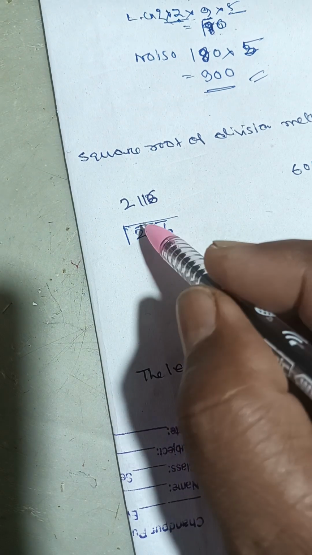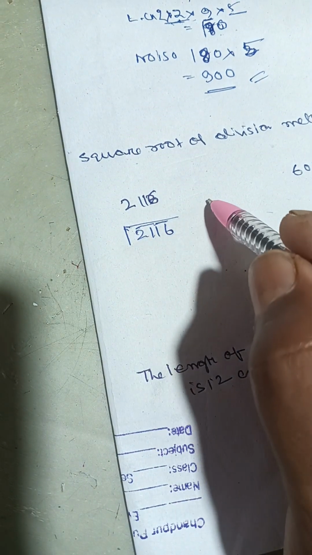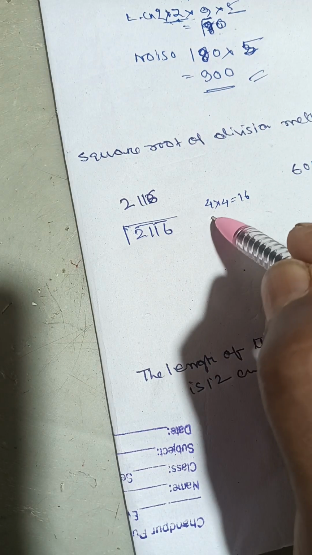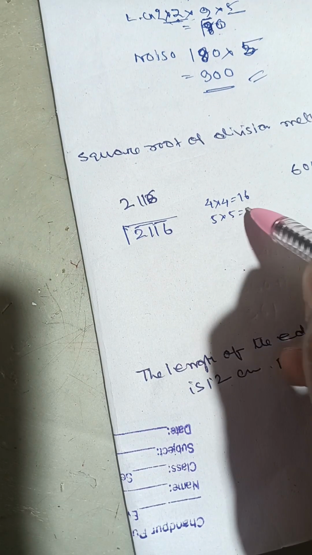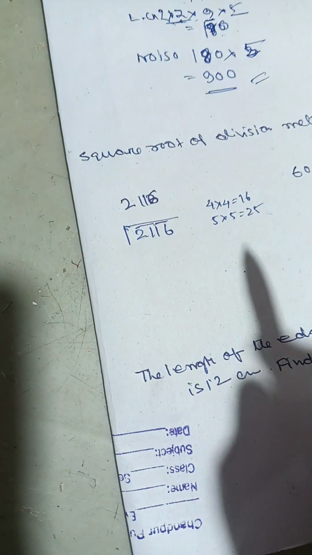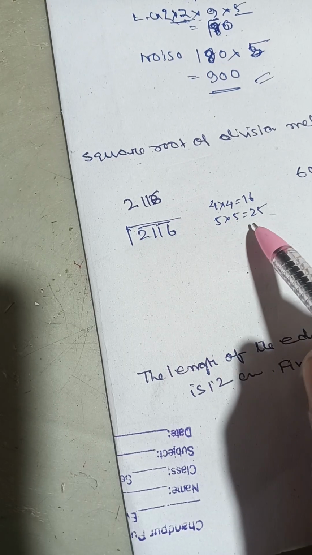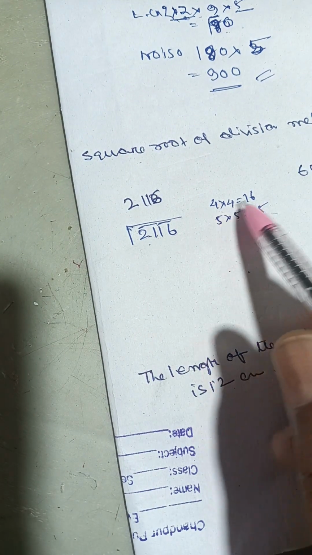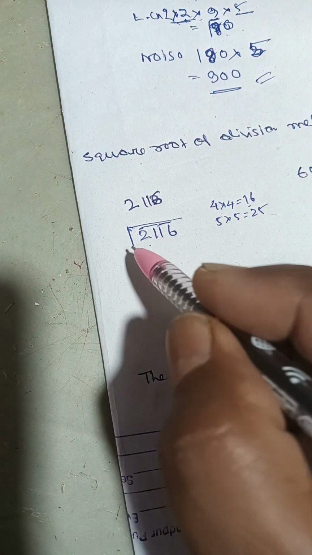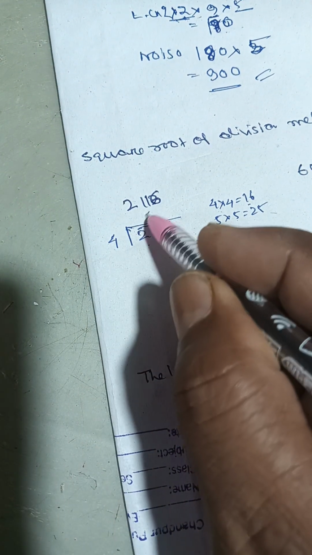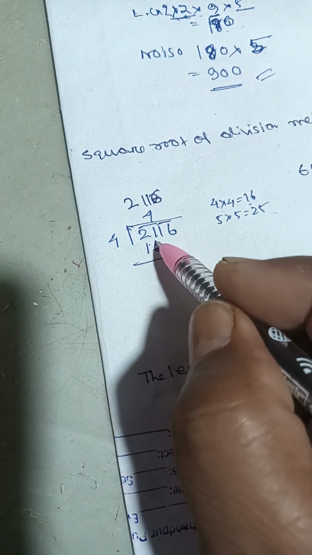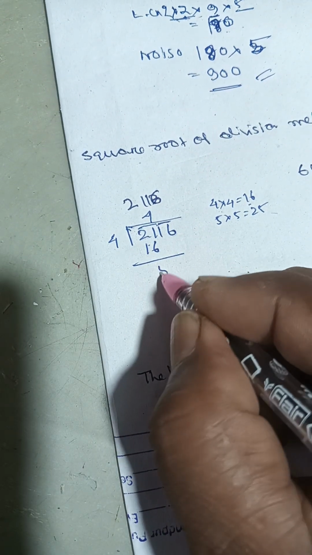So in 21 you select two same numbers so that we can go near 21. You see, 4 fours are 16, 5 fives are 25. 25 will be greater than 21, so we have to select 4 fours are 16. You write 4 into 4, that will be 16. Now subtract: 21 minus 16, you will get 5.